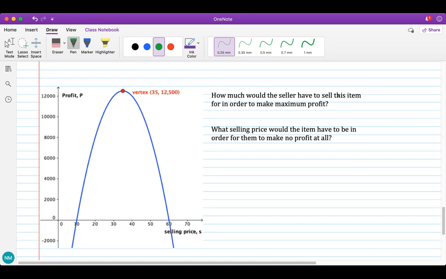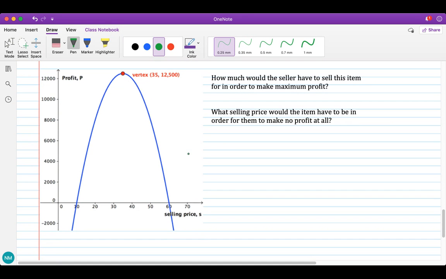How much would the seller have to sell? So this one here, my X is selling price, S, and profit, P. So how much would the seller have to sell this item for in order to make maximum profit?